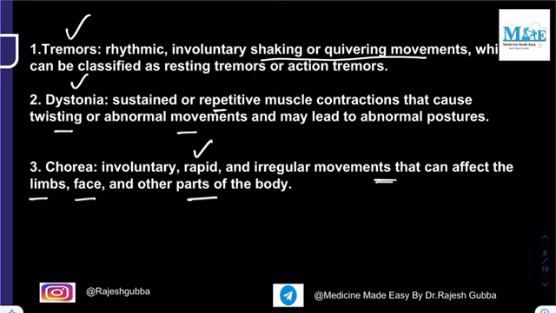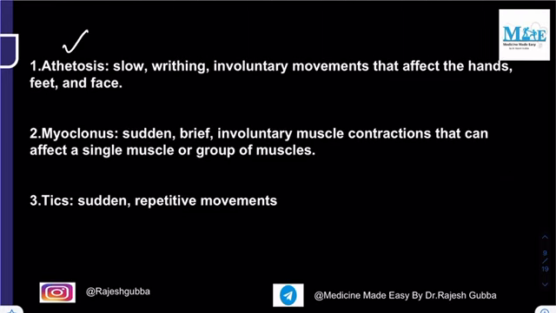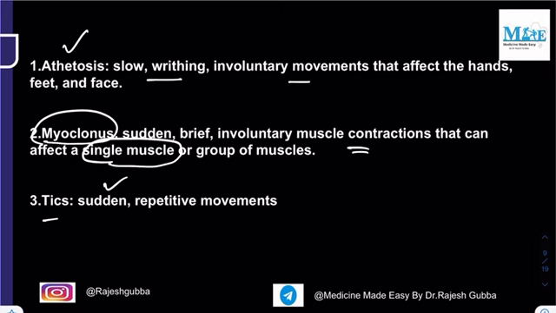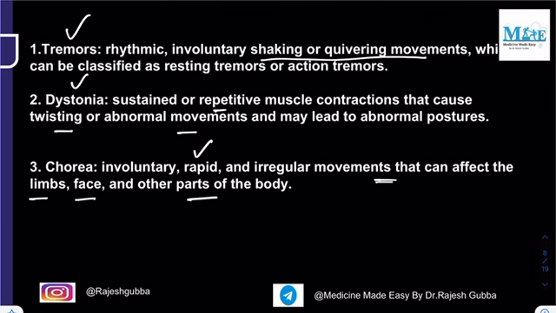Another is athetosis, which is slow, rhythmic, involuntary movements that affect the hands, feet, and the face. Next is myoclonus, a sudden, brief, involuntary muscle contraction that can affect a single muscle fiber. Whereas tics are sudden repetitive movements. Of these, essential tremor is the most common movement disorder.